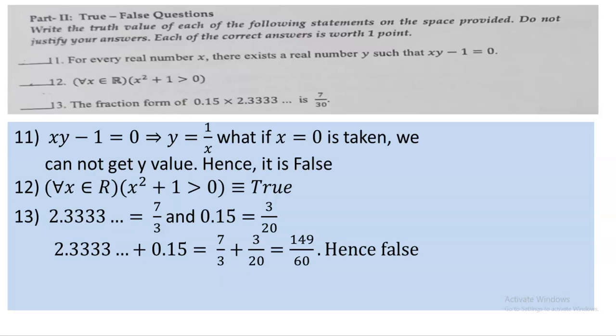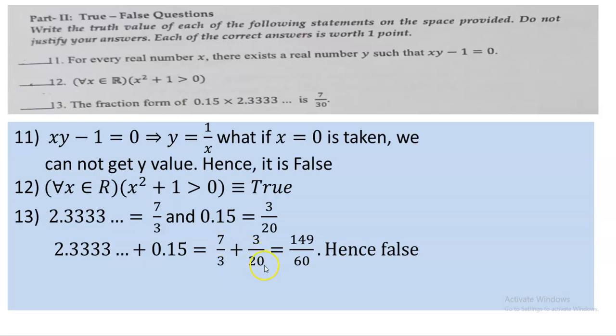What has been given here is 2.3333, which is actually 7 over 3, and here 3 over 20. Dear beloved ones, what has been written here says times, but what I did here is plus. Please have this correction. Sorry for that. But if you take times again here, 3 is cancelled by 3, and 7 over 20 can come.